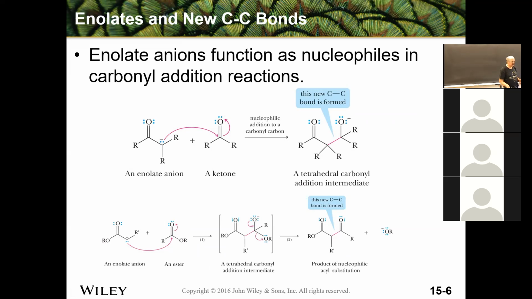Okay, back in our chapter on aldehydes and ketones, we talked about how most hemiacetals are not stable. Okay, so it doesn't stop there. Instead, what happens is this tetrahedral intermediate collapses, oxygen pushes down, and it kicks out OR minus. And that gives us a beta ketoester.